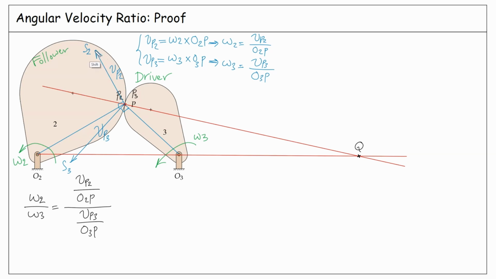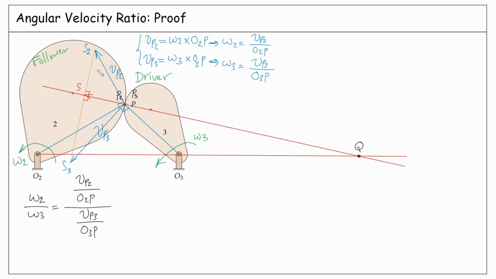If I project it on the normal direction and name the intersection as S, then PS is the normal component of the velocity of P2. And this one is the velocity of P3. As we expected, its normal component is the same as that of P2.